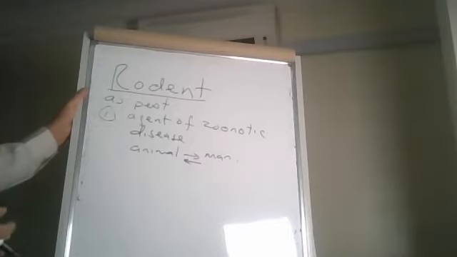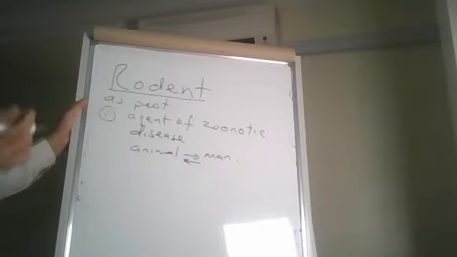Originally, yes. Even though they could not actually identify the host, where it actually came from. Previously, it said it came from bats. Later on, we have come from pangolin. But nobody can tell exactly what is the original host.